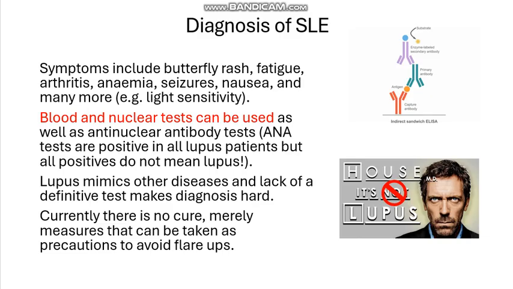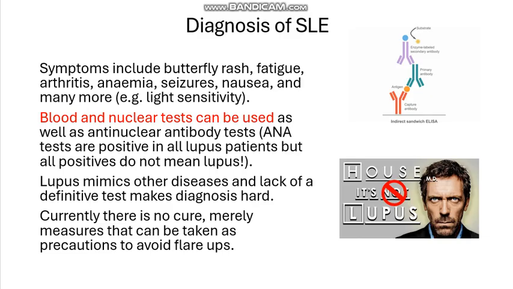Sorry, I got a bit confused there. That's not actually the case. You're testing for the anti-nuclear antibodies for lupus, so you use an anti-nuclear antigen that you already know, and then you're testing for the anti-nuclear antibodies.